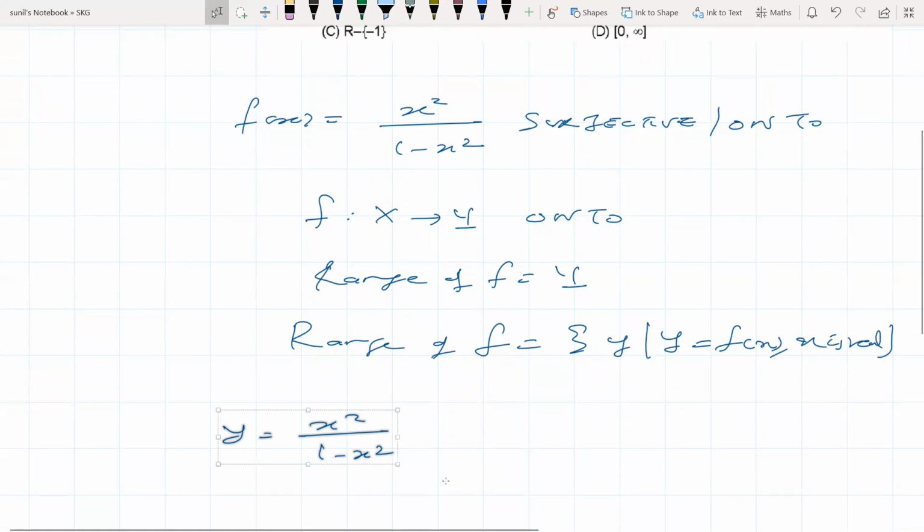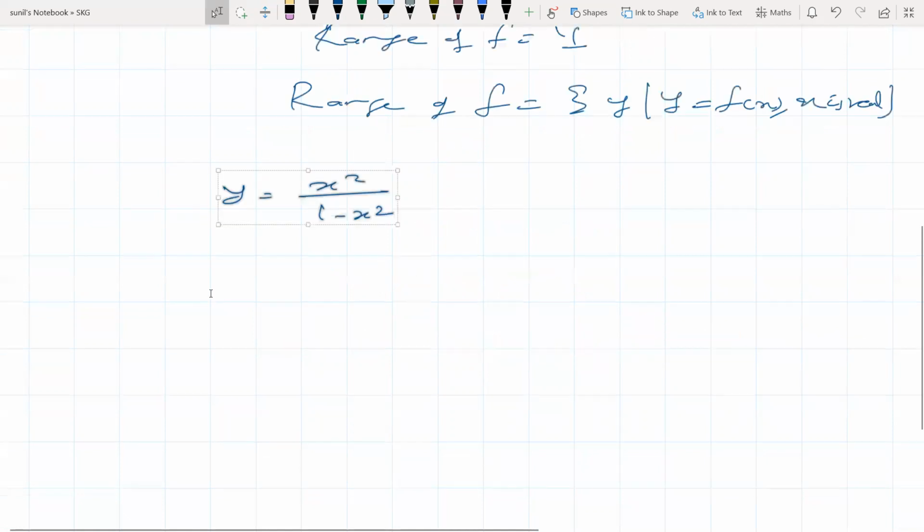After cross multiplying, you will get y minus x square y equal to x square.